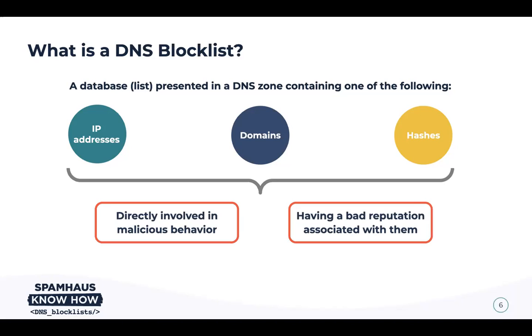That is just a way to describe what is basically a database composed of resources you probably want to block, for any definition of block, as we will see. And the DNS part is simply because it can be queried using DNS as the interface. Of course, again, this is by far not the only way to query it. As a matter of fact, we do provide the same data through an HTTP interface as well.